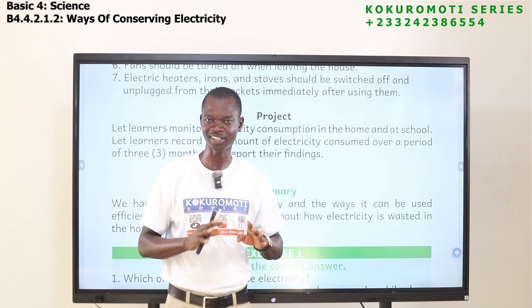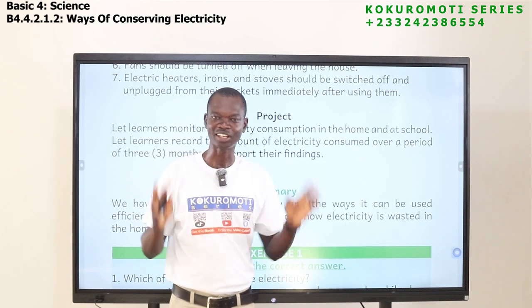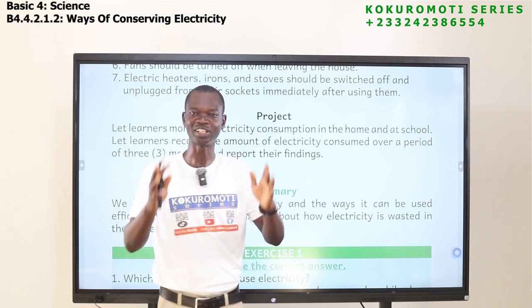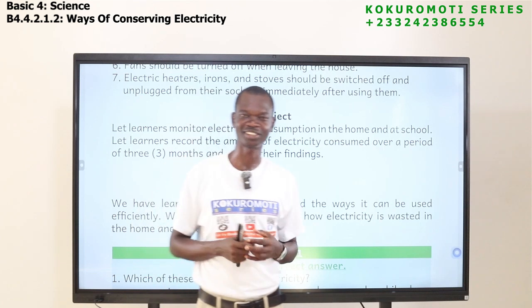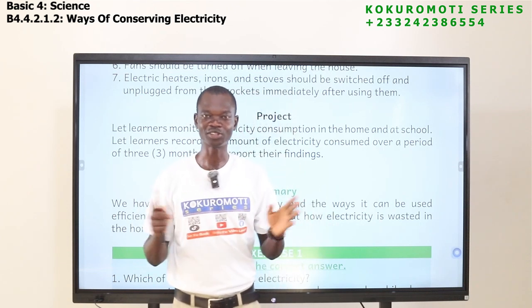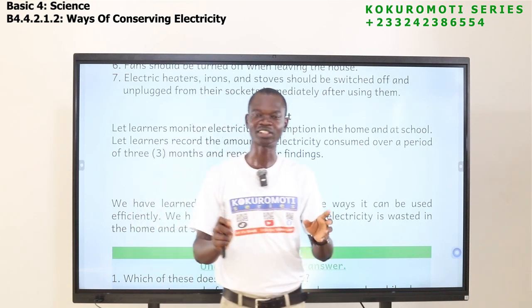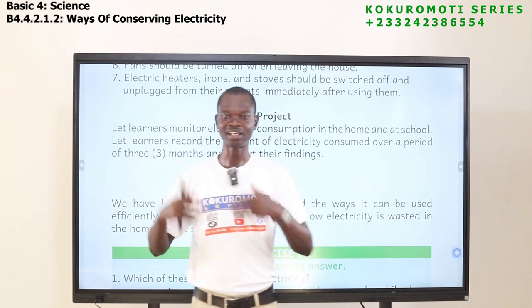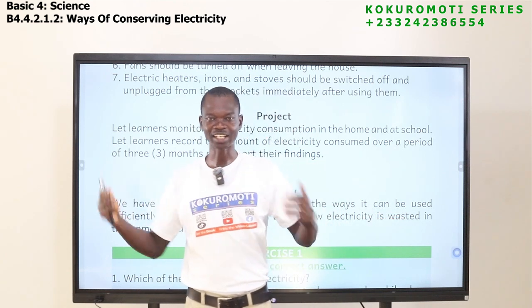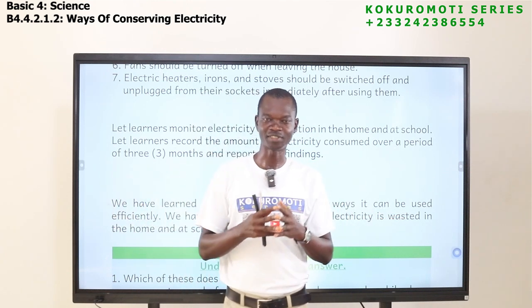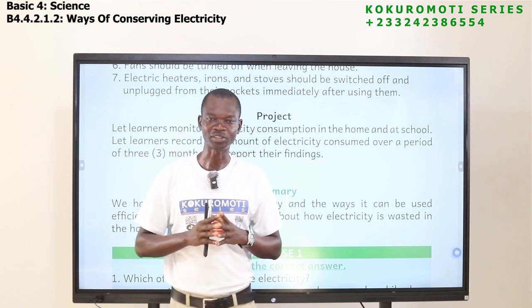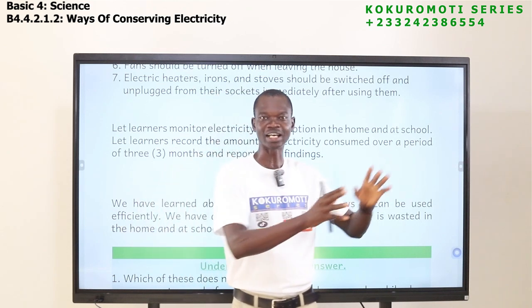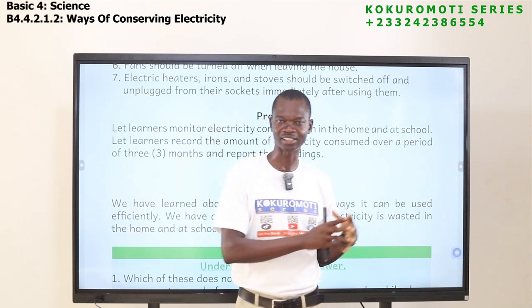Are you okay? Okay, so we are bringing our lesson to a close. What have you learned today? Talk to me. You have learned about uses of energy. You have seen some of the electrical devices. You have also learned about some of the things that we do that waste electrical energy.